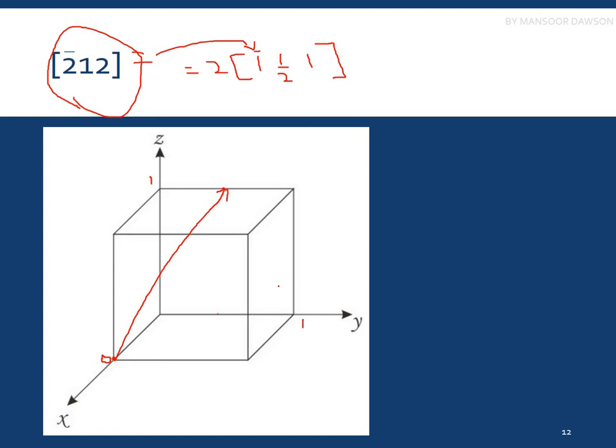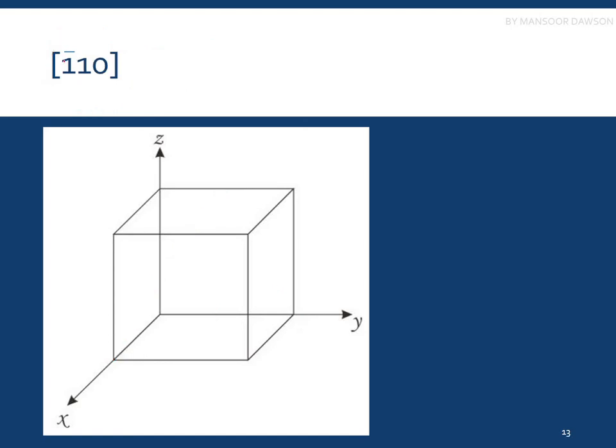Let's do another example. Here we have bar 1 bar 1 and 0. Again, we'll be shifting the origin in the x direction because we have a bar in the x index. So this would be our origin now. This would be 0 for x, this would be 1 for z and 1 for y.